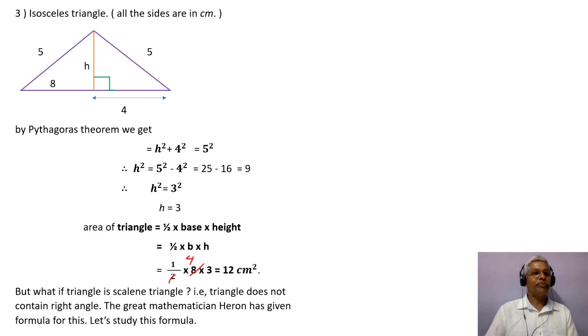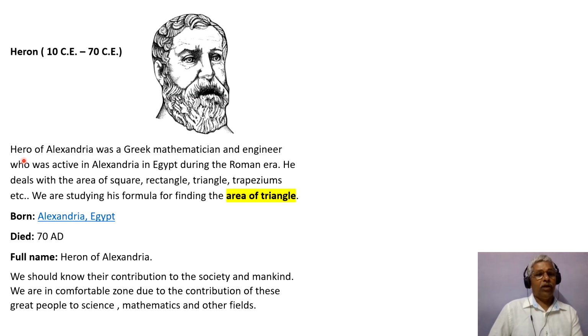Heron, Hero of Alexandria, was a Greek mathematician and engineer who was active in Alexandria in Egypt during the Roman era. He deals with area of square, rectangle, triangle, trapeziums, etc. We are studying his formula for finding area of triangle.